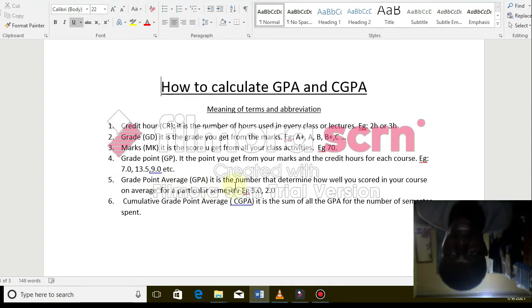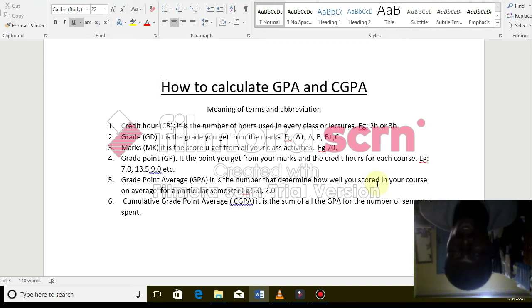Then the fourth one, which is the grade point. The grade point is the point you get from your marks and the credit hours for each course. The grade point is a point that is awarded to you by multiplying your marks with the credit hours that you spent.